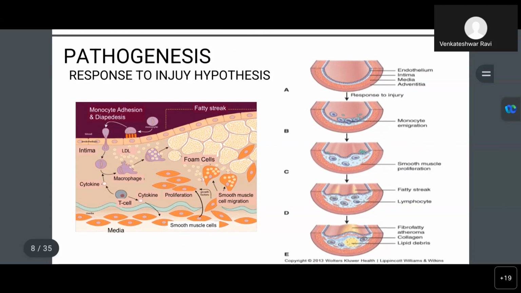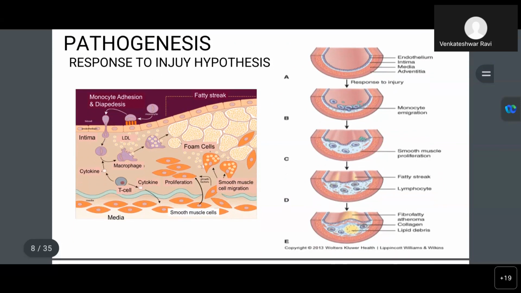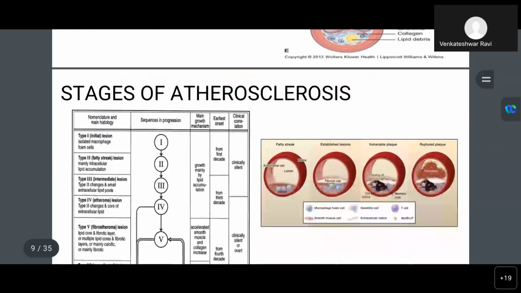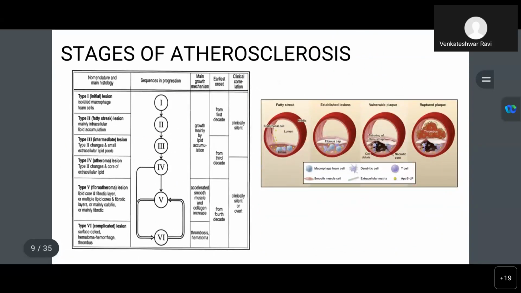But any injury to the endothelium causes expression of adhesion molecules, namely ICAM and VCAM, which cause adhesion of monocytes and migration of these monocytes into the intima, where they turn into macrophages, eat up the cholesterol and form foam cells, which is the first microscopic depiction of the initial lesion of atherosclerosis. You can see the first initial stage lesion is the isolated macrophage foam cells.